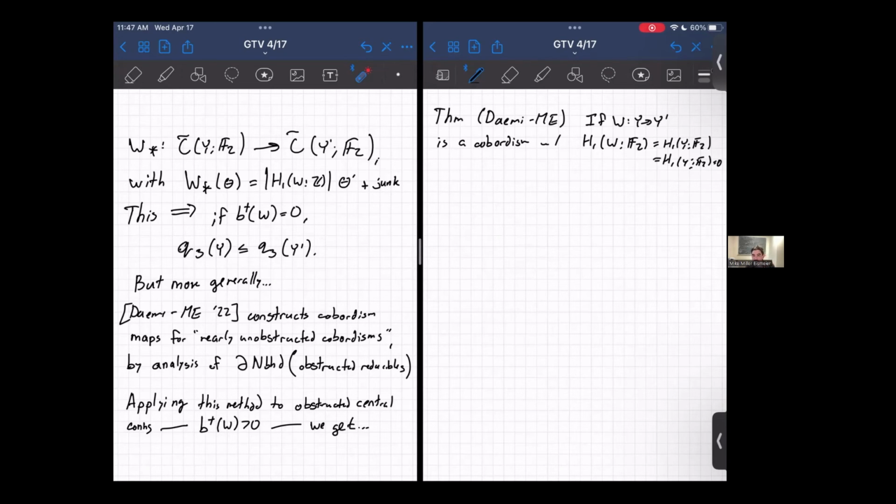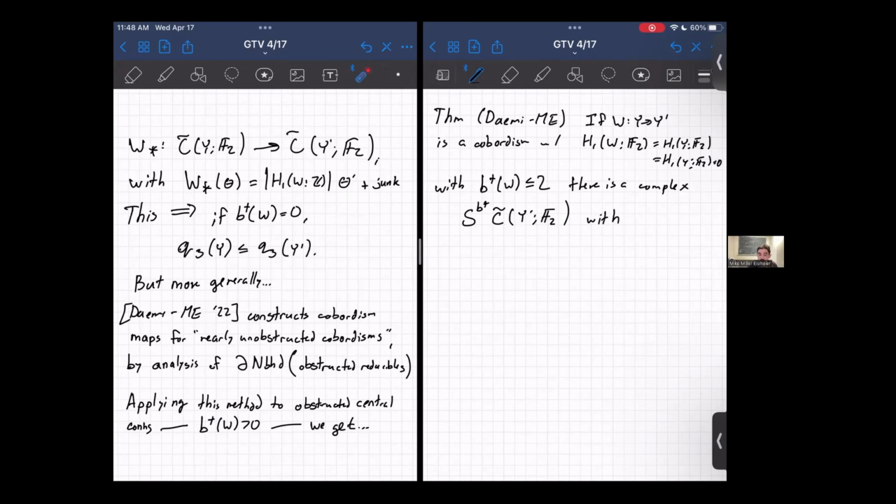I have a cobordism whose first homology of the cobordism and of the boundary with F2 coefficients are all 0, with the condition that B plus of W is at most 2. There is a complex which we call the suspended complex of y prime, suspended B plus times, here 0, 1, or 2 times.